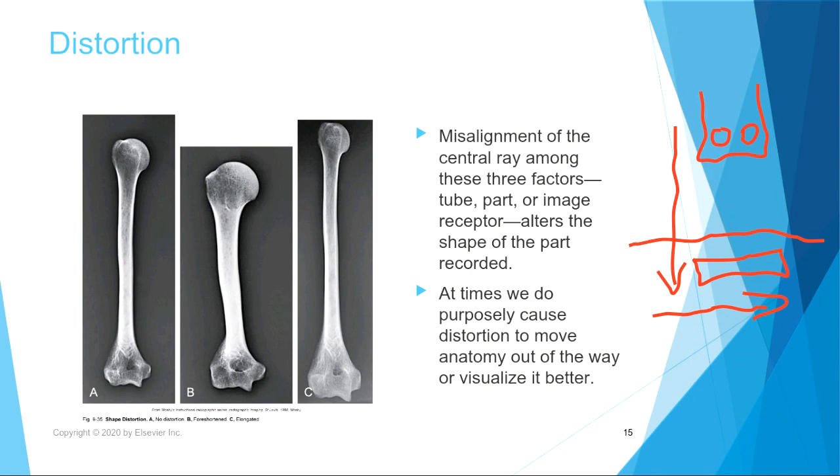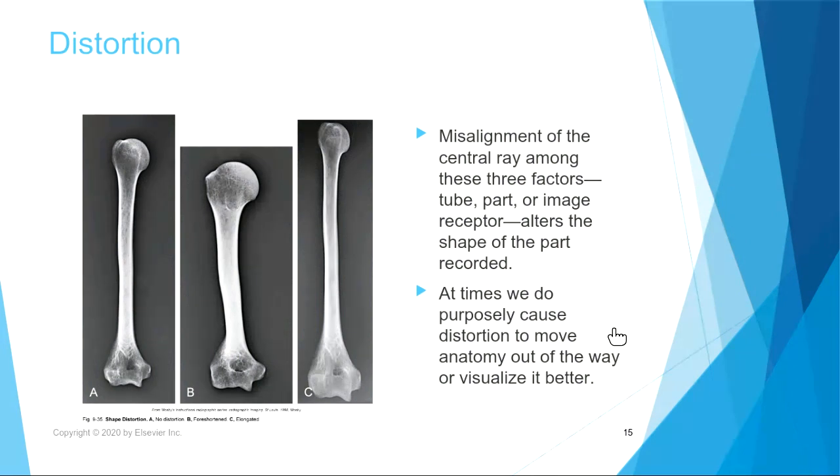Now realize sometimes we do purposely cause distortion to move anatomy out of the way or to be able to visualize it better, because in the human body, not everything lies independent of anything else. Think about a patient's body habitus, like the framework of the body and how all the organs fit in there.